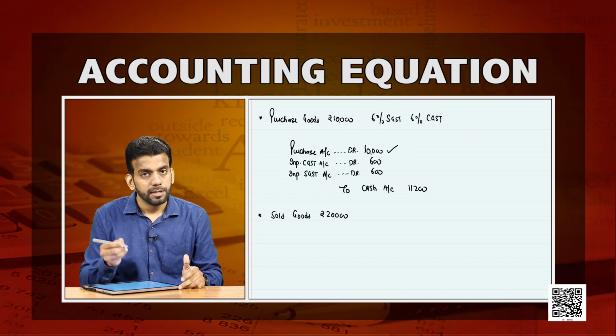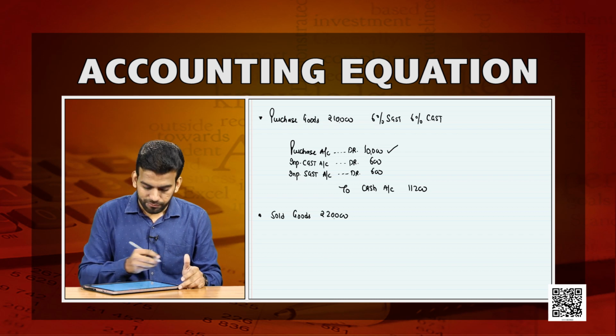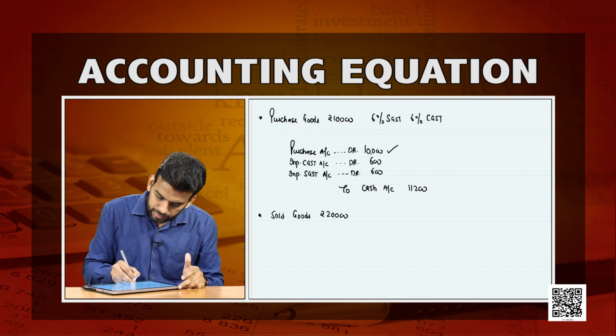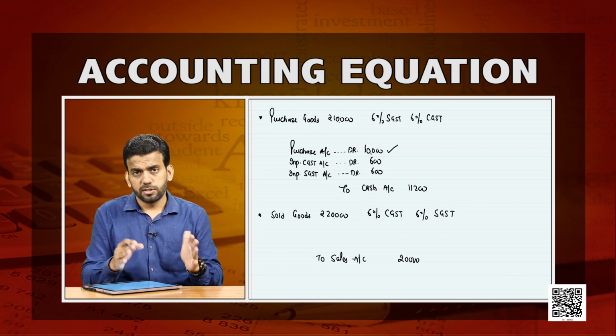Now, I am adding GST to the transaction, like adding spices to life. 6% CGST, 6% SGST. This rate can vary from goods to goods, services to services, right? The way GST was going parallel with purchase, GST goes parallel with sales as well. If sales is credited, GST is also credited.